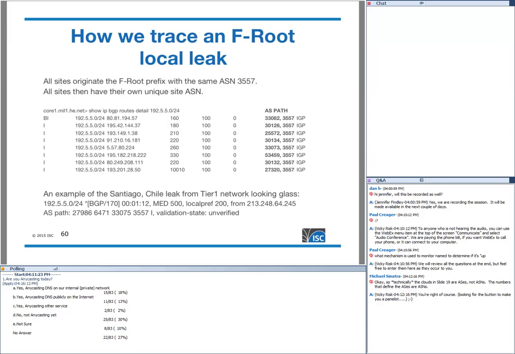The 33075 ASN is our ASN for the Santiago, Chile node. So that's immediately what told me where it was coming from. And then the next ASN, the 6471, that's who we peer with there in Santiago, Chile. So that gave me the information I needed to go contact them and have them rectify the issue. Next slide, please.